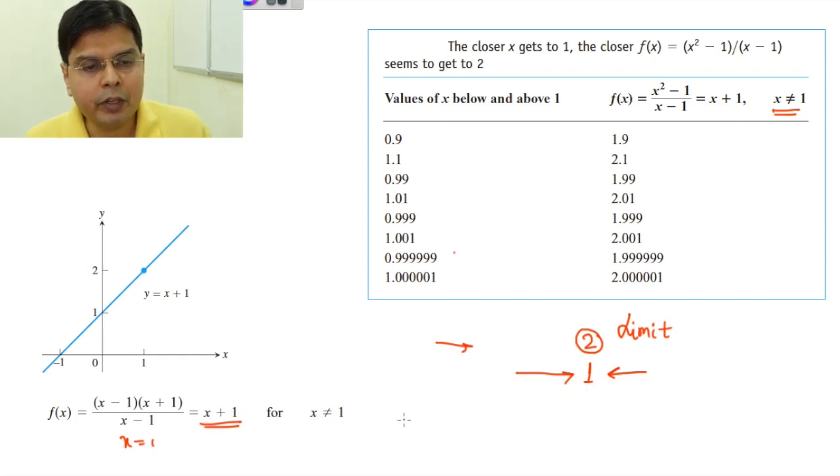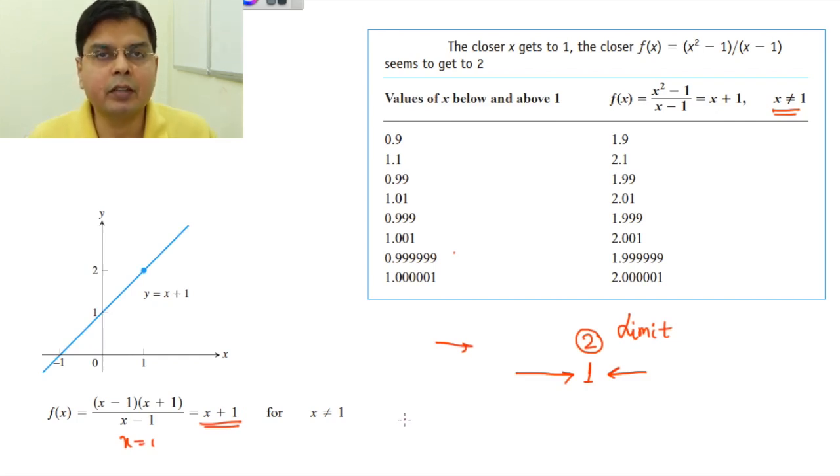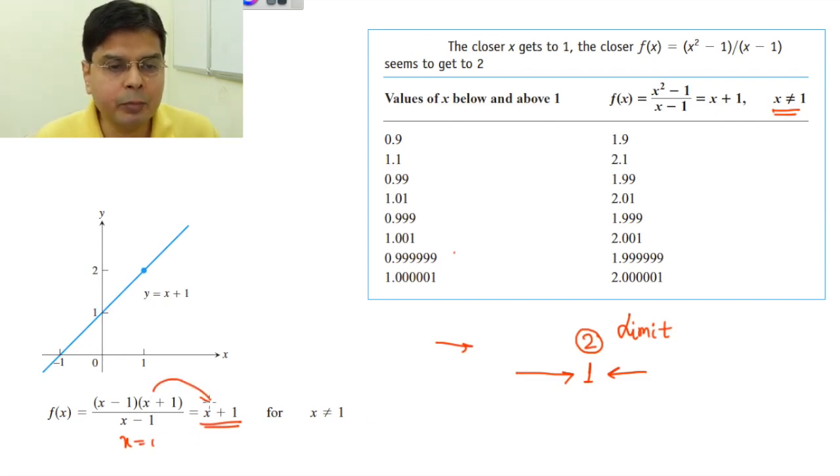So almost all the tricks which we will use in the chapter on limits or differential calculus will be how to reach from this step to this step. In this step my x minus 1 is the villain which is sitting in the denominator. I have to remove this villain from the denominator so that I can just put the value of x in this thing and get 1 plus 1 as 2 as my answer for the limit.